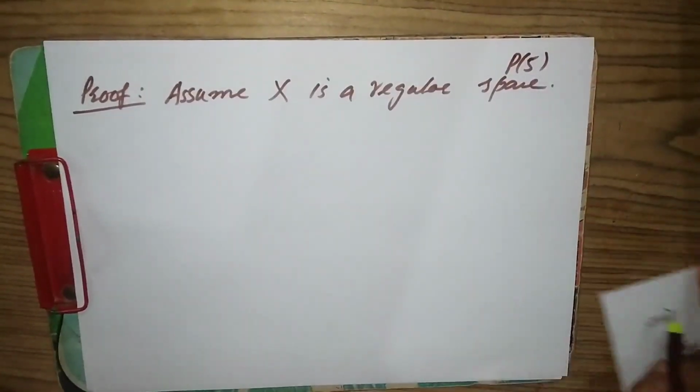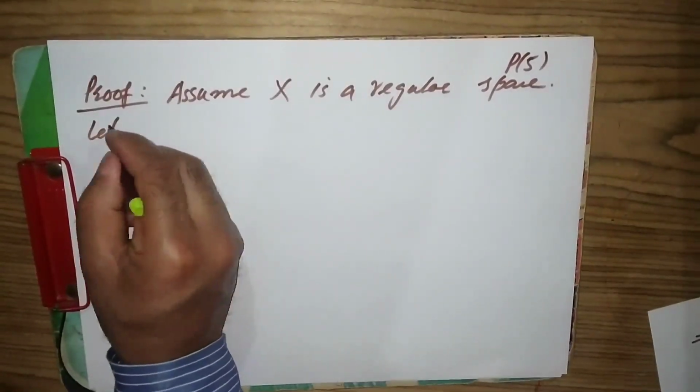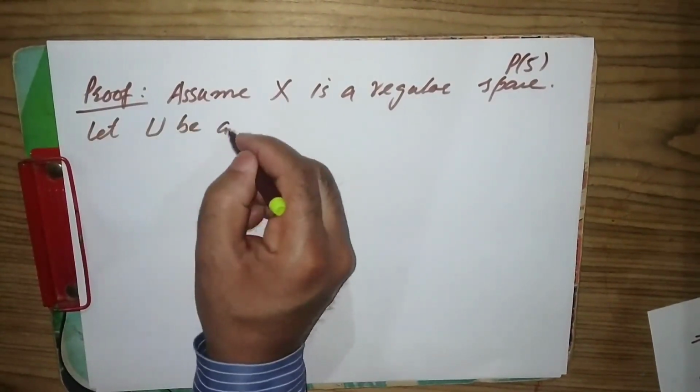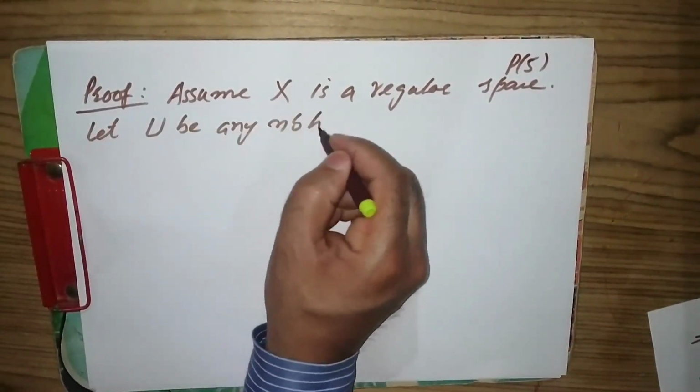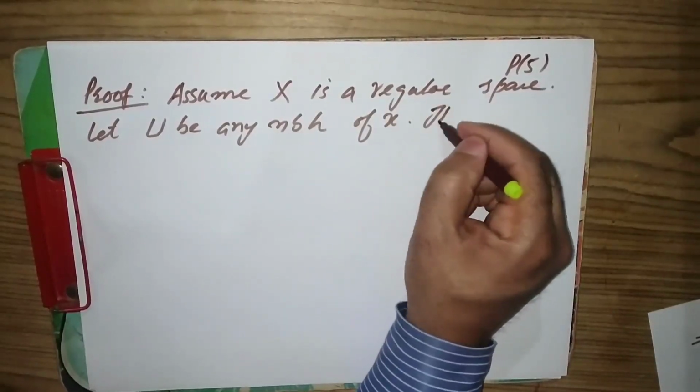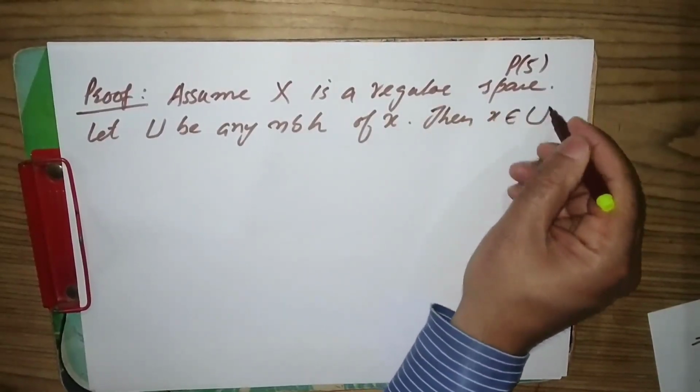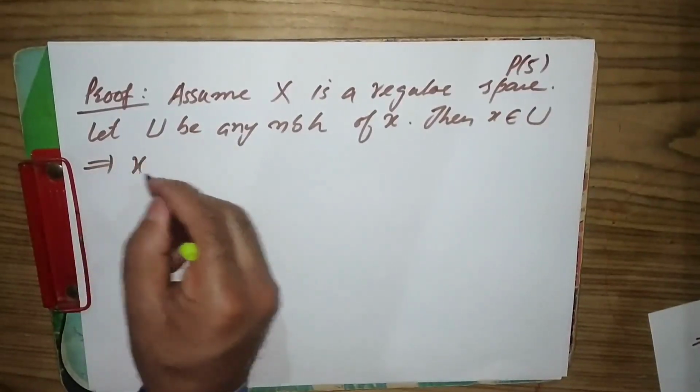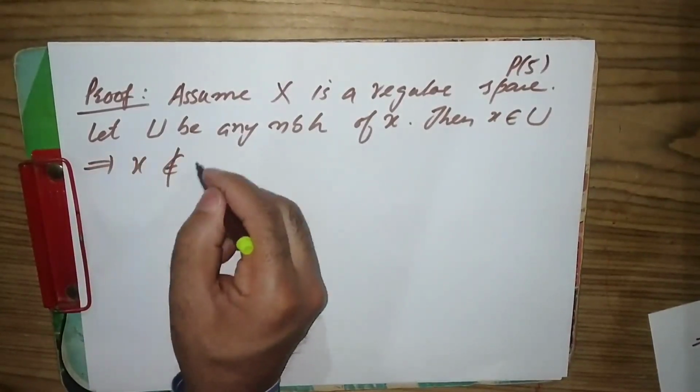So let's take any neighborhood U of x. Let U be any neighborhood of x. So then x is in U. This implies x is not in U complement.